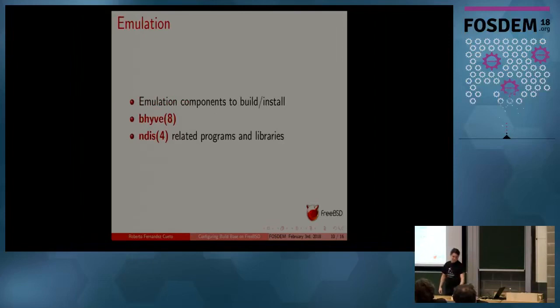Emulation, well, two options. Beehive, yes or no, and NDIS related programs and libraries. I'm not sure what that is, but there is a man page that you can check. Trying to stay away. Windows stuff, wow.